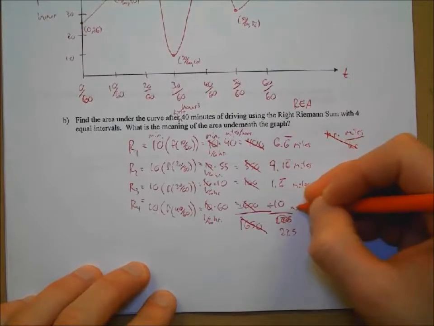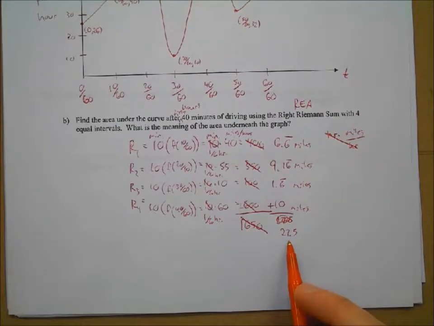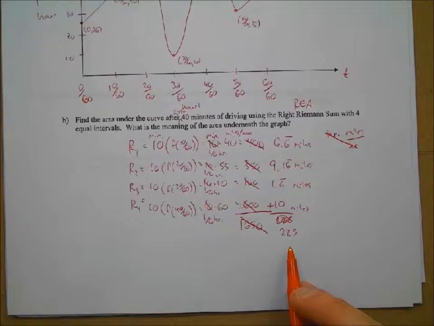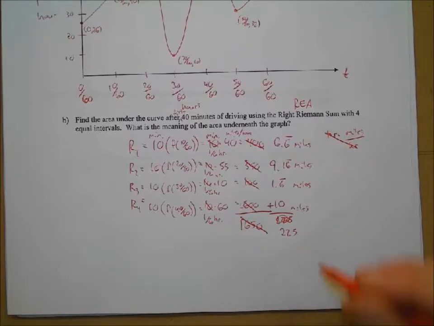So when we add these up, we can say after the first 40 minutes, the car drove approximately 27.5 miles.